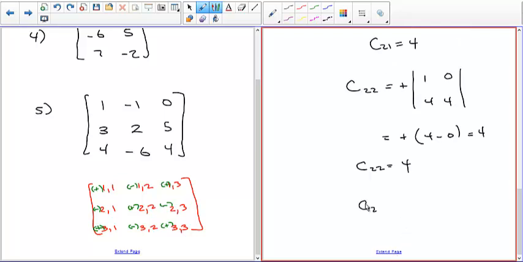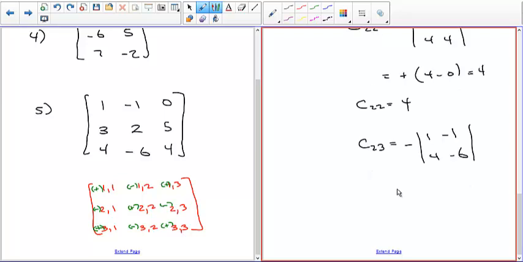Then you go C23. It's negative from here. And if you take the second row, third column, you have these two and these two left over. So you have 1, -1, 4, -6. So that is negative, the quantity.